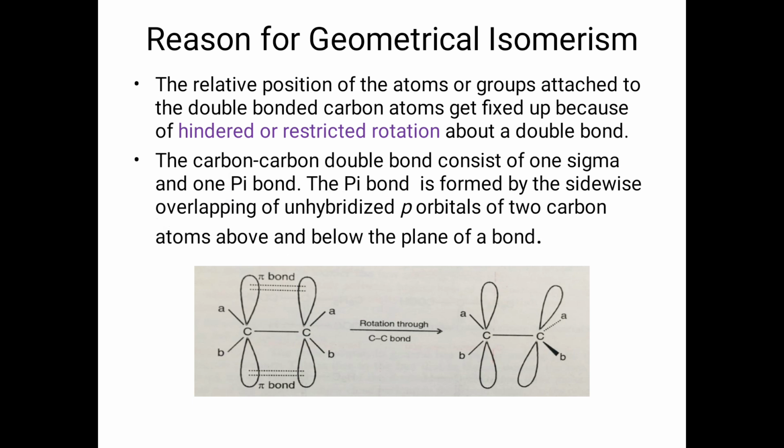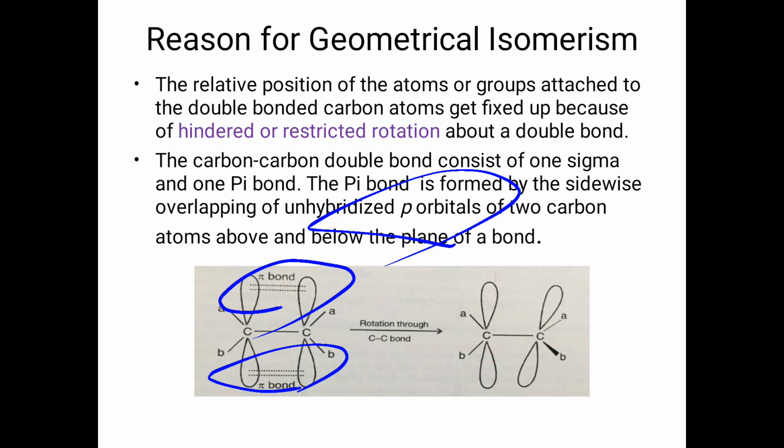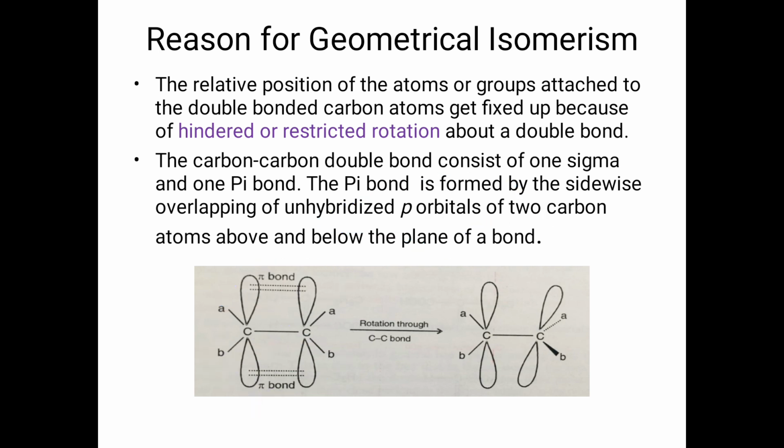The carbon-carbon double bond consists of one sigma bond and one pi bond.